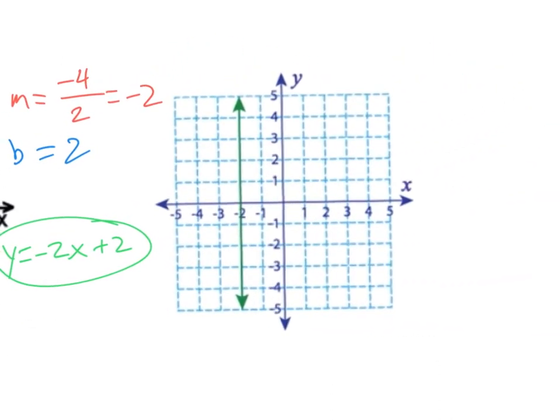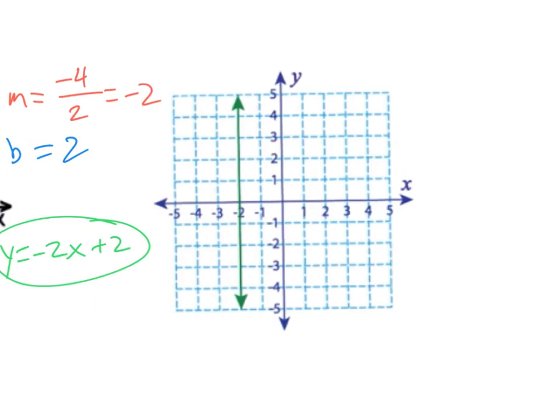All right, this one looks a little different. In this case, we have a vertical line, and that means that our x value is staying the same the whole time. Our x value is always the same, right? For any given y value, our x value is going to be negative 2.